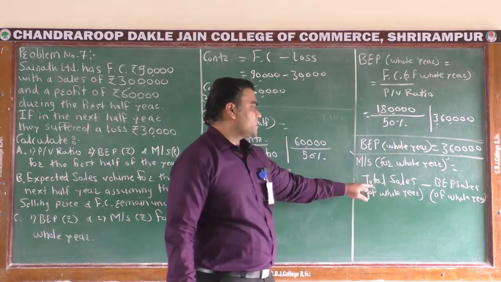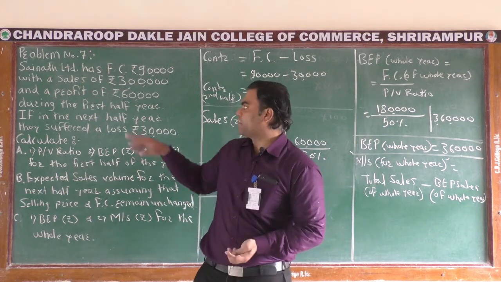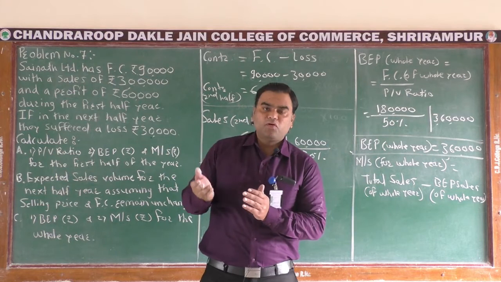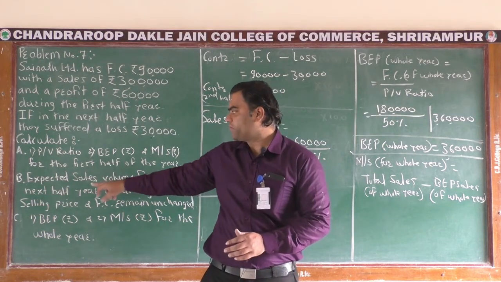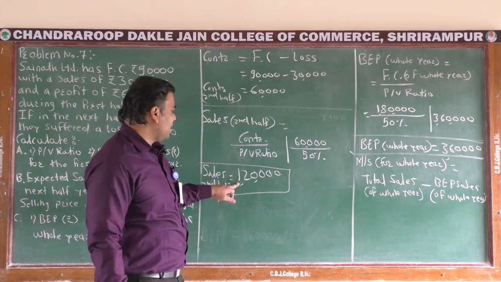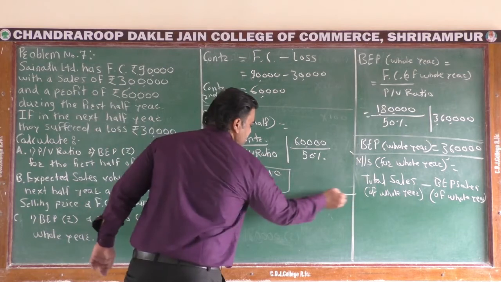So what is the amount of total sales of the whole year? For the first half of the year, sales is 3 lakh, and the sales amount of the second half year, which we were asked to calculate and which we have calculated, is 1,20,000. Sales for the second half is 1,20,000.